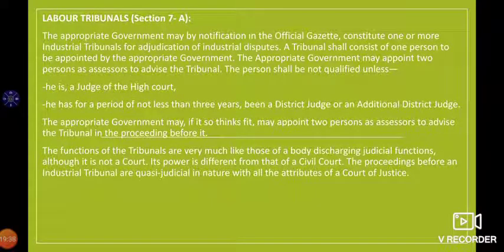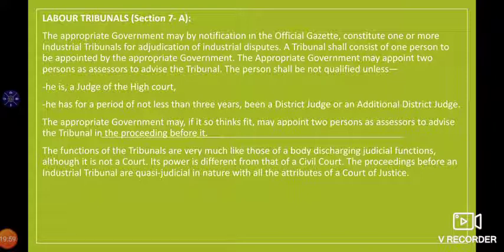Now after this labor tribunal, let's see what Section 7A says. The appropriate government may, by notification in the official gazette, constitute one or more industrial tribunals for adjudication of any industrial dispute, as we have discussed.